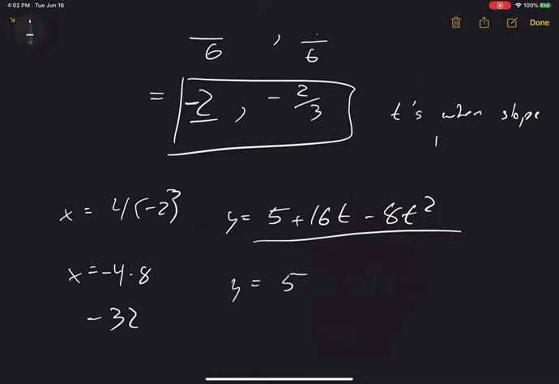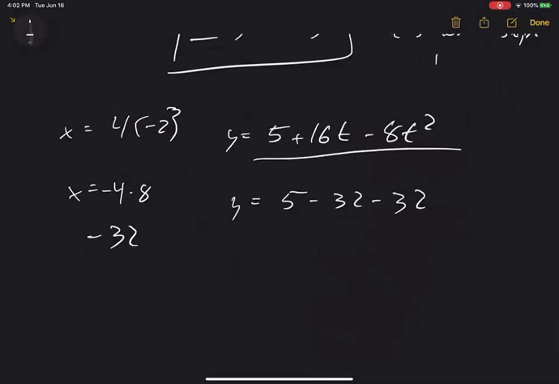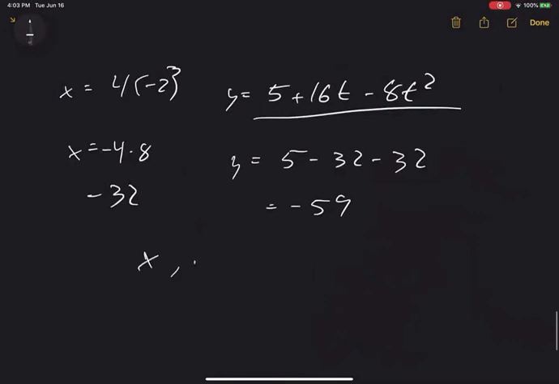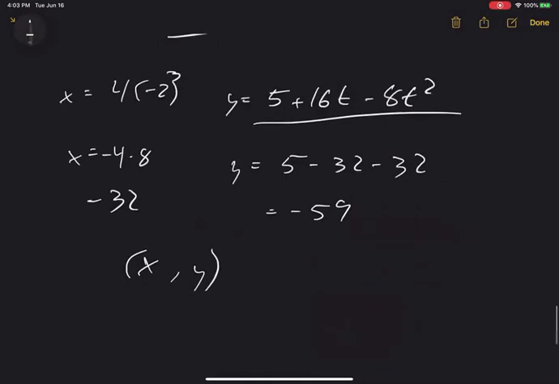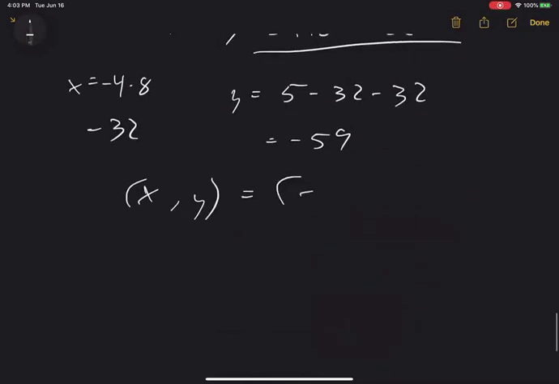I get 5 minus 32 minus 32, so 5 minus 64. That's -59. So the xy point that corresponds to this value of -2 would be -32, -59.